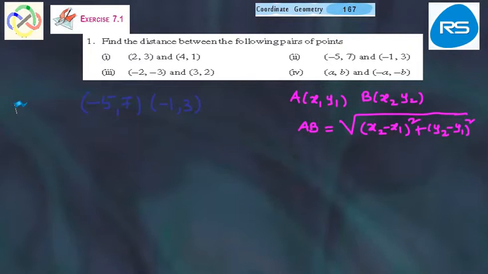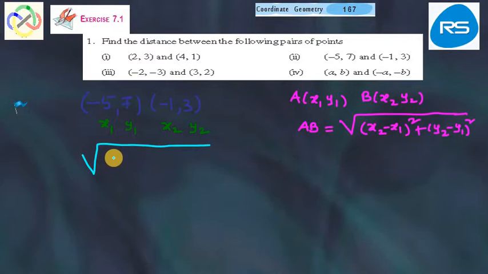Before I apply, we'll take these as x1 and y1, x2 and y2. These values will be substituted in the formula.